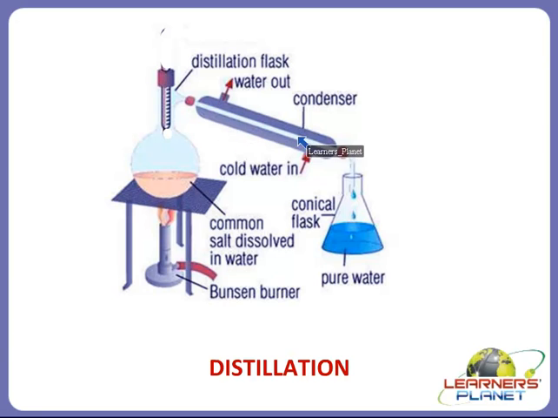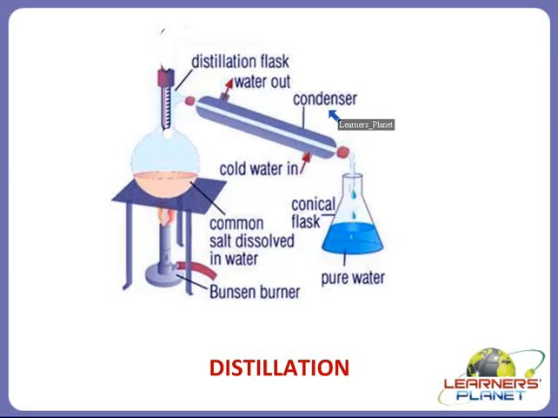And why are we pouring the cold water in? So that it can keep this cylindrical tube cold. That means in the condenser, because of this, water will remain in the cool form, so that the steam gets converted into water again, right?